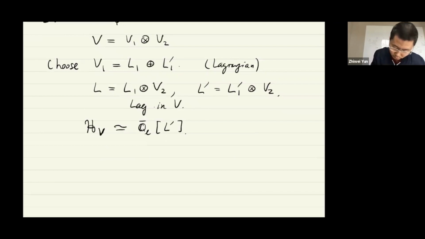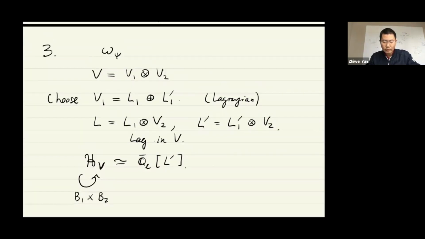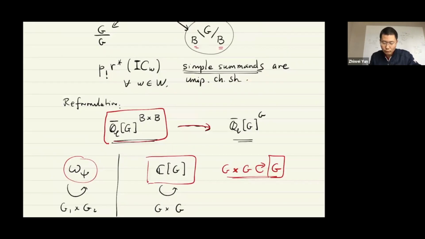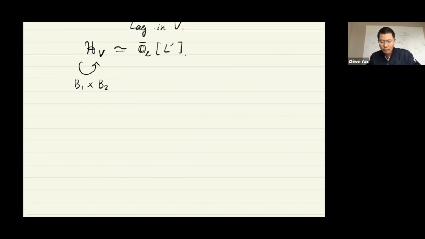Now we want to start with B1 times B2 invariance. So that was inspired by the construction of character sheaves. Starting point should be Borel fixed vectors. So here, let's do similar things.